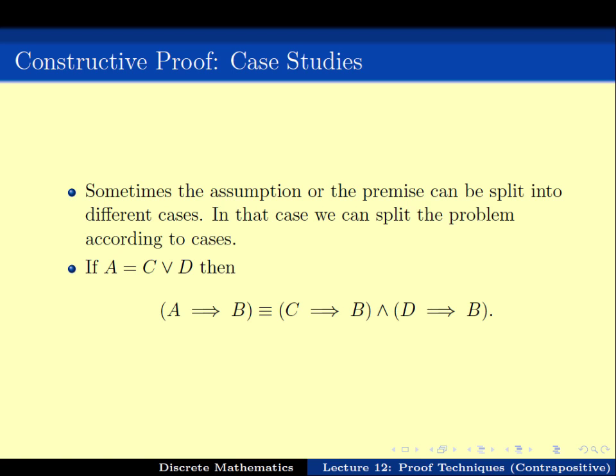Now, how to split the problem or assumptions into smaller parts is something that has to be practiced or understood by yourself. We have seen a few examples of applying the case study proofs.